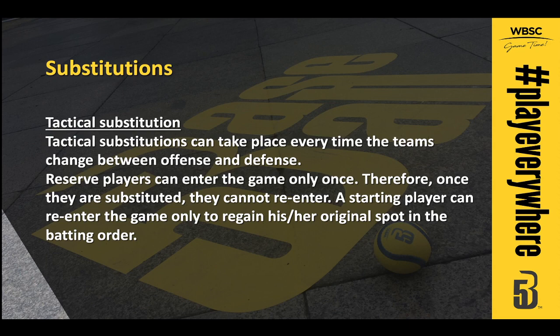If they're substituted and replaced, they cannot re-enter, but a starting player can re-enter the game to regain his or her original spot in the batting order. So a starting player can be replaced, but then come back in and reclaim their original spot in the order. But the reserve player who acts as the substitute, once they're taken out, can never come back into the game.